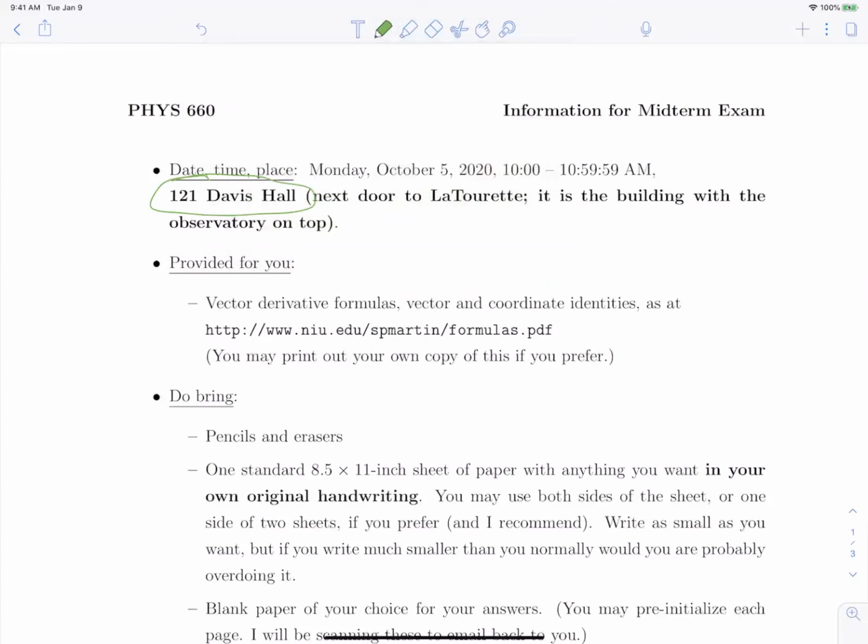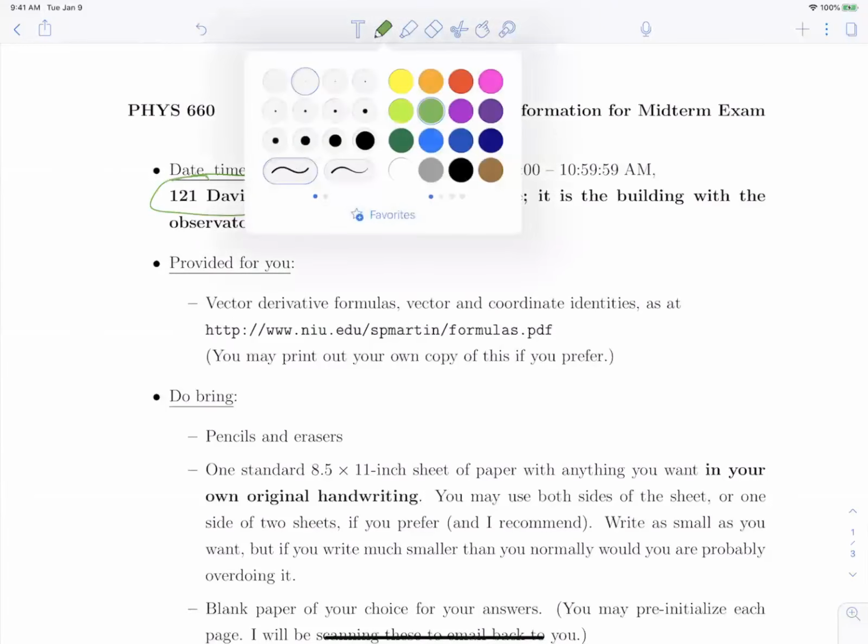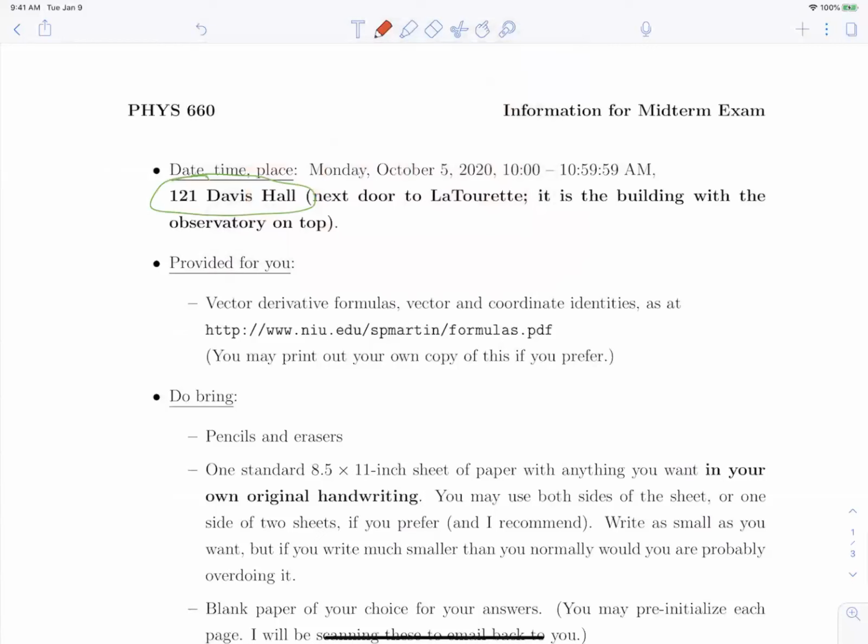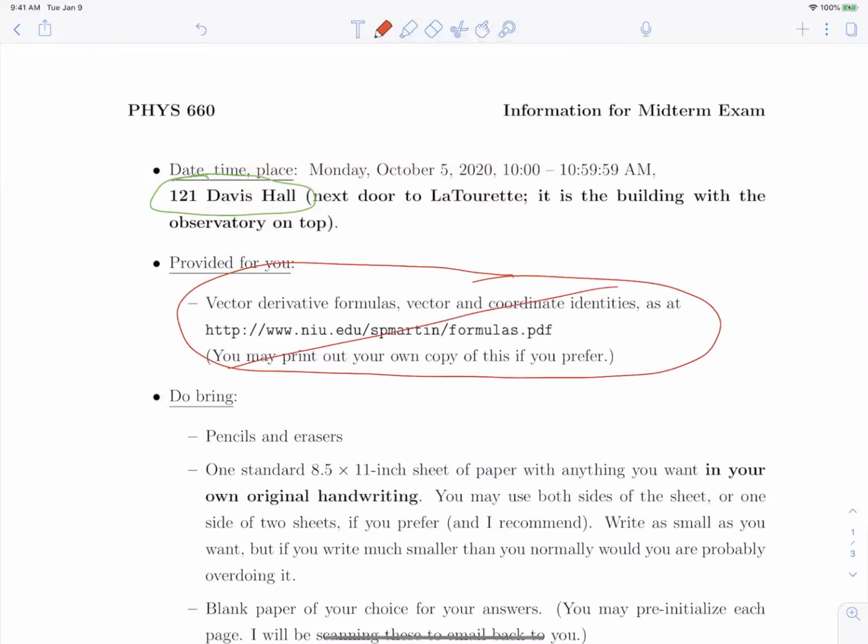And then one other thing that I should point out is I'm changing one of the rules, which is that originally I said I would provide for you this set of formulas. And I'm not going to do that, because now that I've written the exam, I realize that none of those formulas can possibly help you. Okay, so this won't help. We don't need to print it out either, correct? You don't have to print it out.